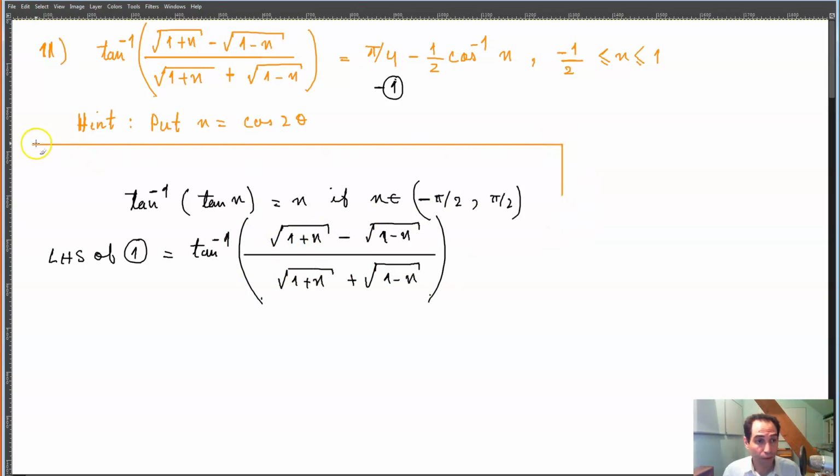Now, you can use the formulas that we had before.